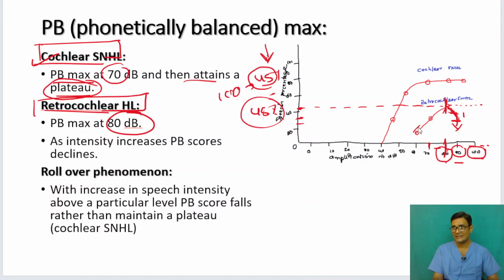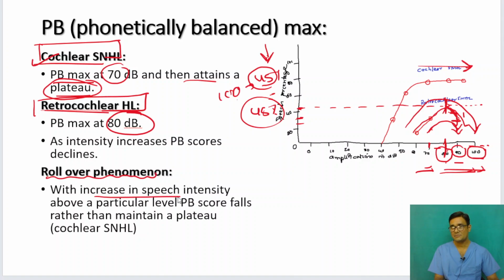So there is a fall in the PB max as the intensity is increasing. In cochlear, as the intensity increases, there is a plateau, and the PB max remains constant. But in retrocochlear hearing loss, as the intensity increases, the PB max actually falls. The number of words repeated correctly falls. That is what is called a rollover curve, the rollover phenomenon.